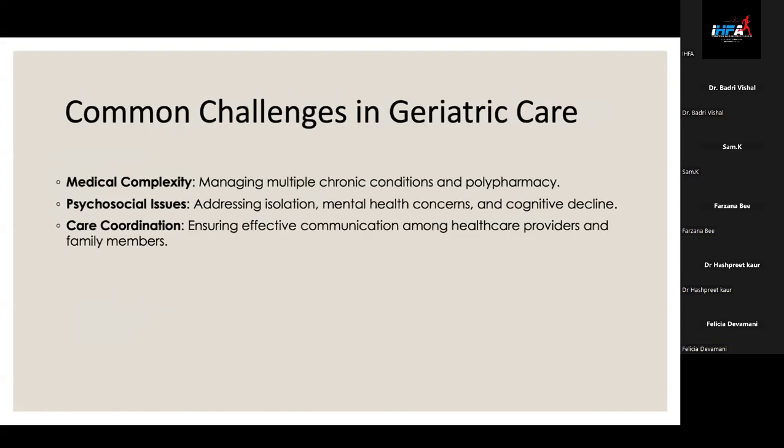So what are the common challenges that we usually face in geriatric care? One of the major problems is medical complexity. Managing multiple chronic conditions and polypharmacy is one of the biggest problems. I have seen that sometimes the patient becomes very rigid.